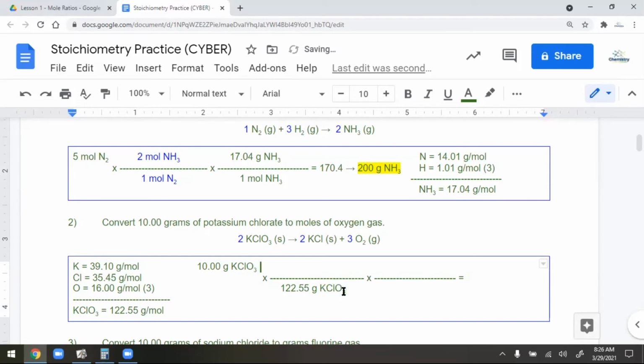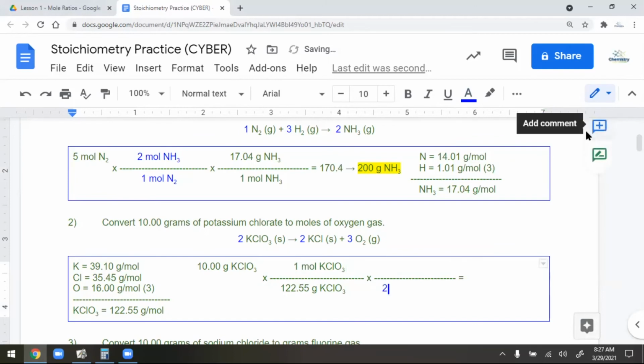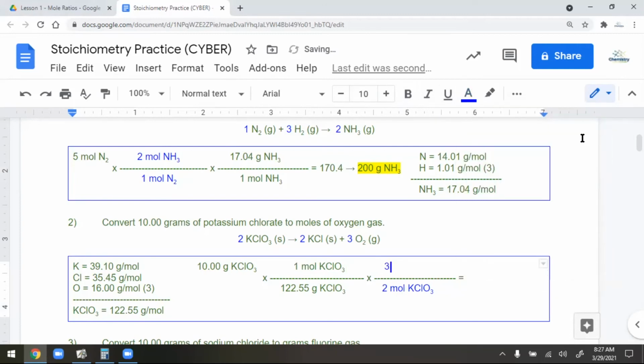And then on top, remember that when we're going between grams and moles, we're always using 1 mole. In our next fraction, we're going to convert from moles of KClO3. So here we're going to use our number from the balanced equation. So we have 2 moles of KClO3. That's from our balanced equation. And on top, we're going to have 3 moles of oxygen, again, coming from our balanced equation.